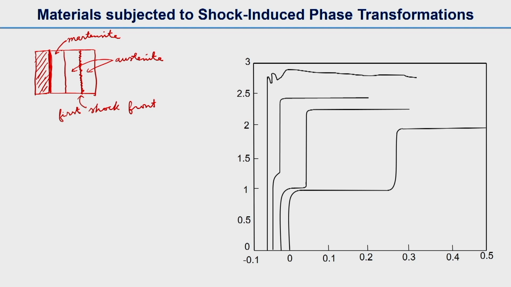But here we will have one more shock wave, that is the transition front or the transformation front, because this is the interface of martensite and austenite.